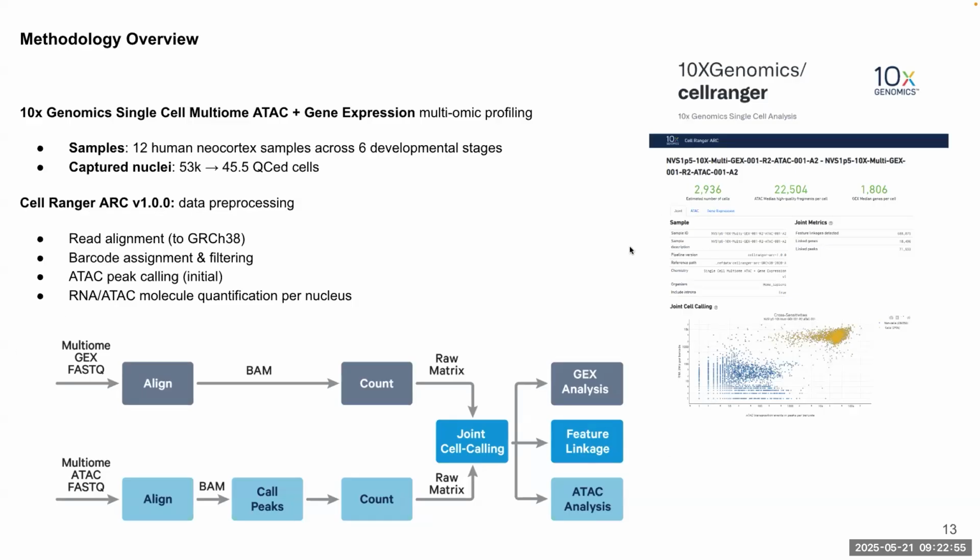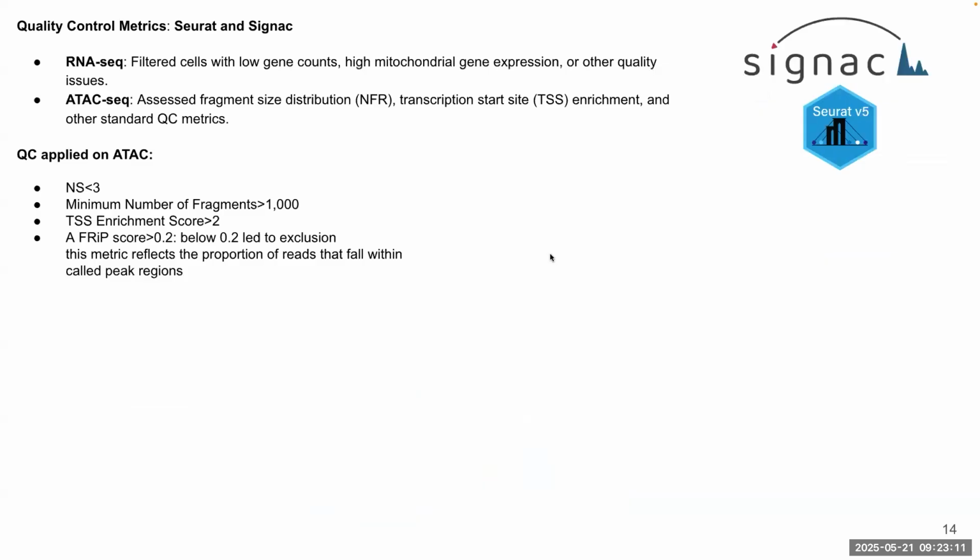At the end, they have this kind of report where we can see how many counts survived after running this pipeline, as well as the quality of each one of the libraries. This is, let's say, a very regular step in this pipeline. Now, what quality controls do they apply? Well, they use CellRanger and scATAC to run the analysis.